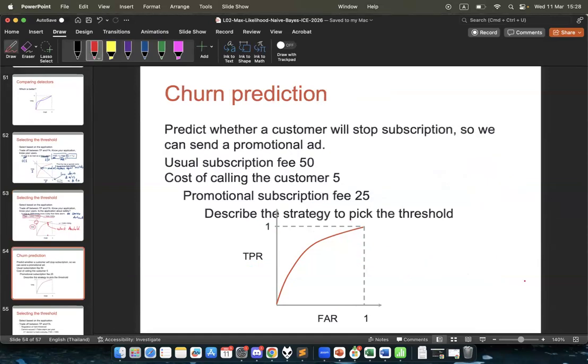Let's look at a more real working example, just so that you get some more intuition.